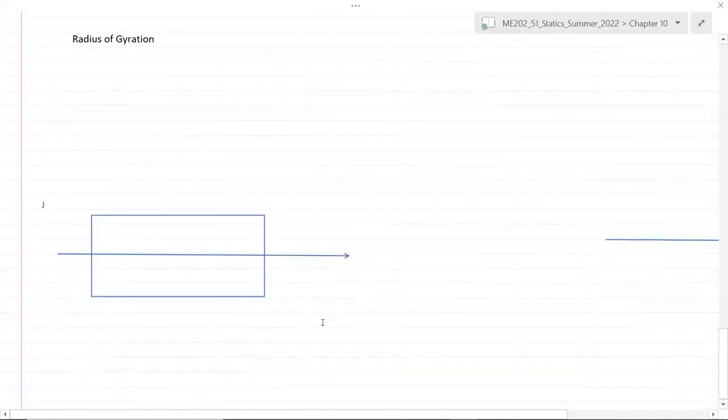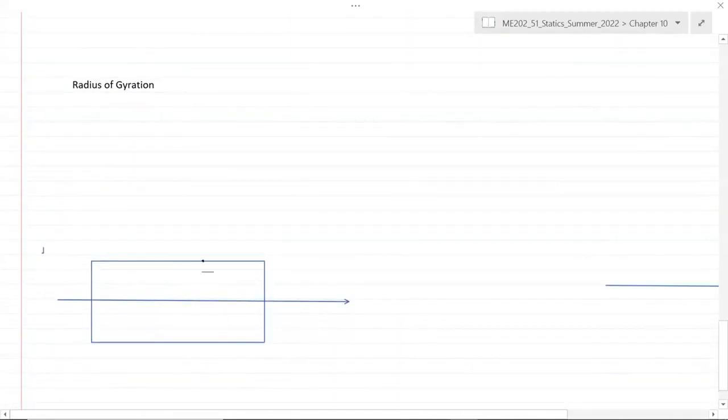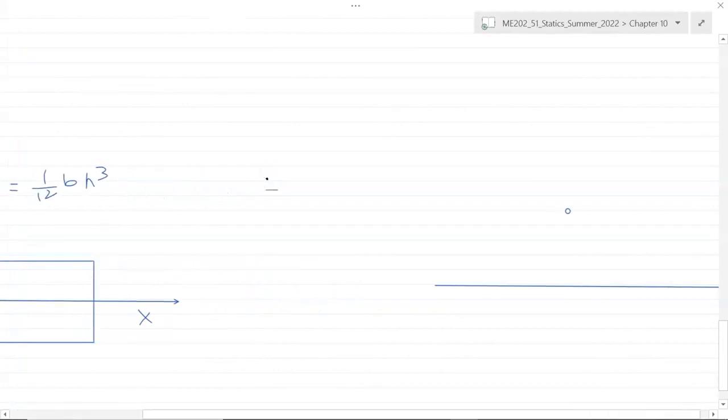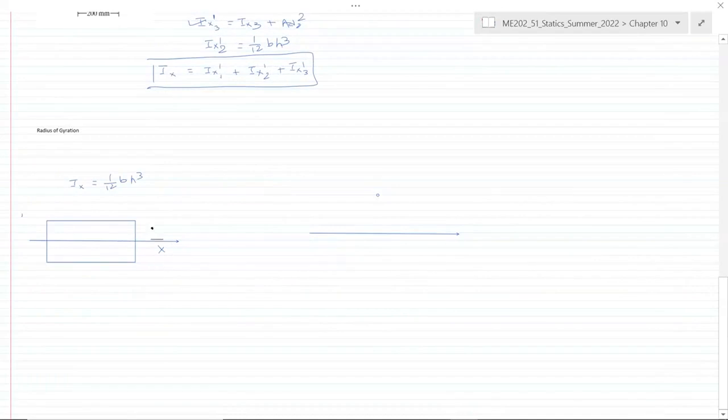And now finally, the concept of radius of gyration. This is a very useful concept. So let's say we have this area and we would like to calculate the moment of inertia of this area about the x-axis. We can apply the formula Ix is equal to 1/12 bh cubed. But using radius of gyration, we can simplify this entire two-dimensional area as a point area.